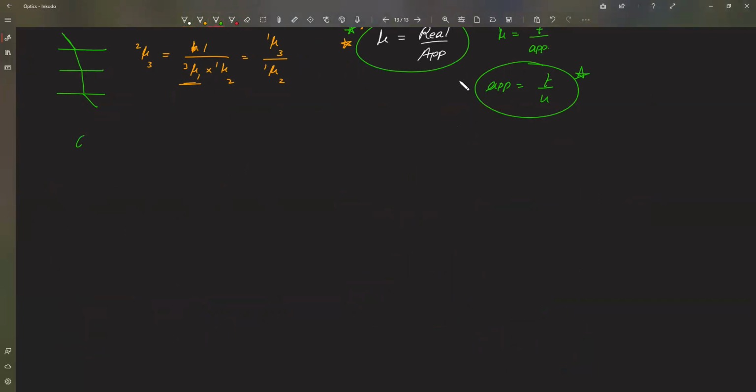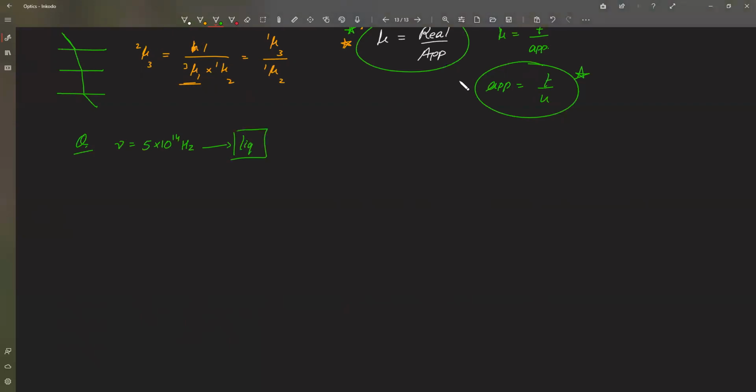So the first question is that a ray of light of frequency 5 into 10 to the power 14 hertz is passed through a liquid.